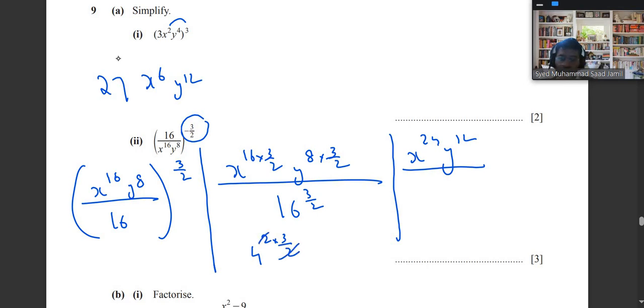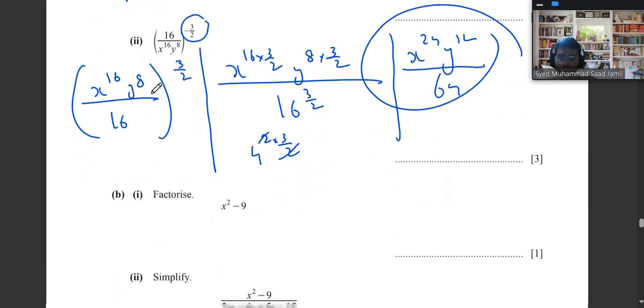So 2 cancel, 4³ is 64. This is going to be your answer.